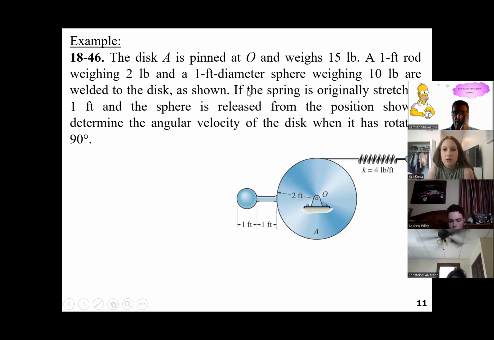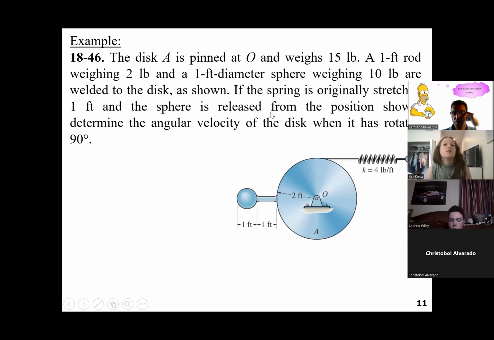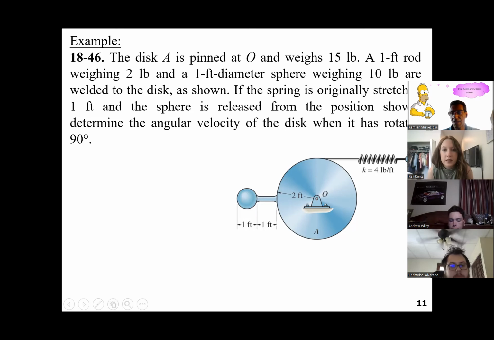And it says the spring is originally stretched 1 foot. So your X1 is given. Your X1 is 1 foot. And it says the sphere is released from the position shown. So when it says released, again, it means no velocity. So initial velocity of the whole system is 0. You release this.